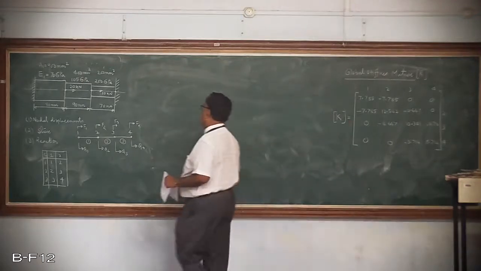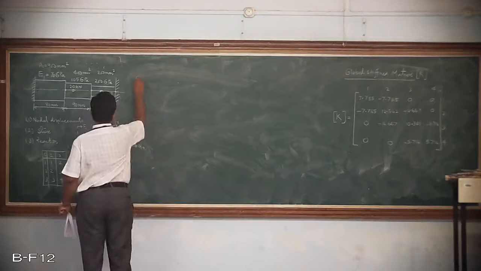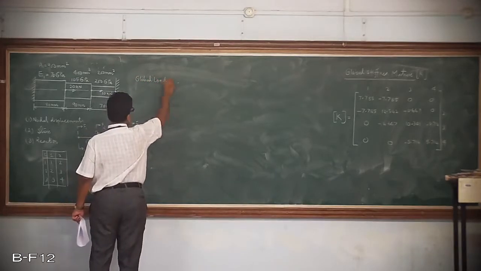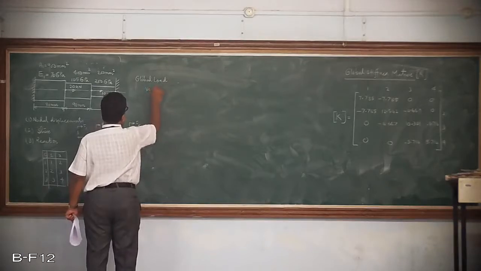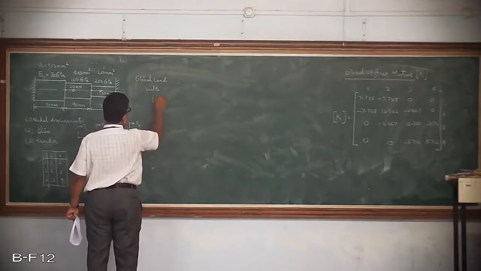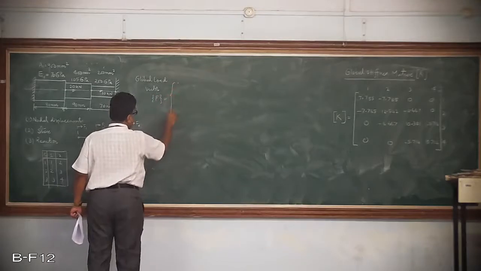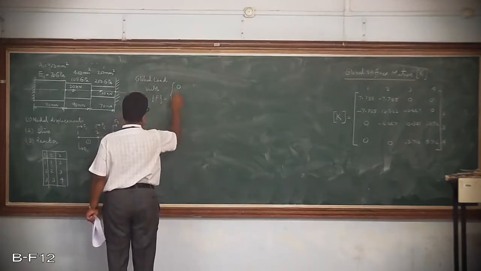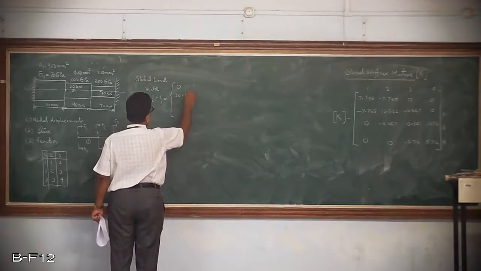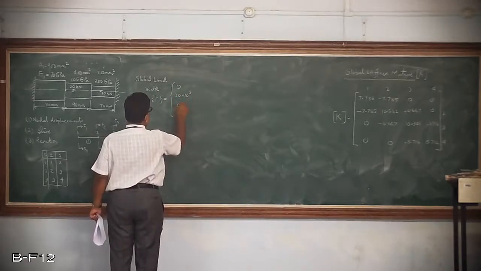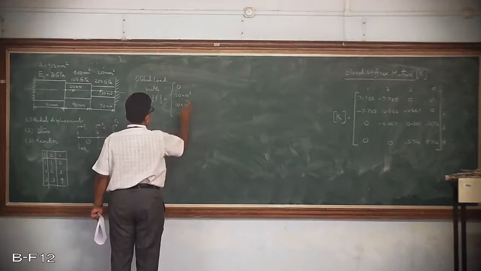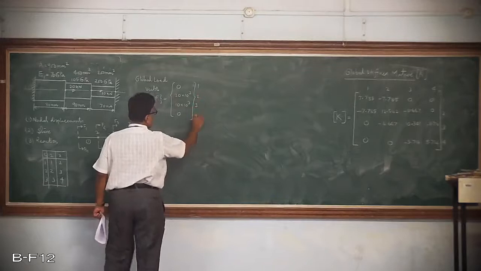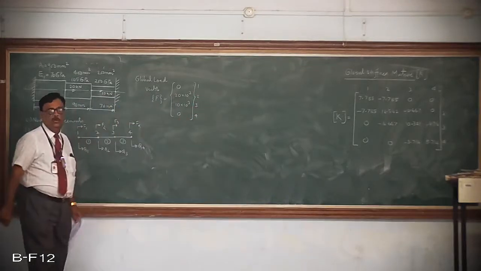See the load vector, global load vector I am telling, of course global load vector, which is called global F. See here, since there are no loads at node 1, I will put it as node 1, whereas there is a load at node 2, there is a load at node 3, and there is no load at the fourth node. So 1, 2, 3, 4, if I write this, this is going to be my global load vector.